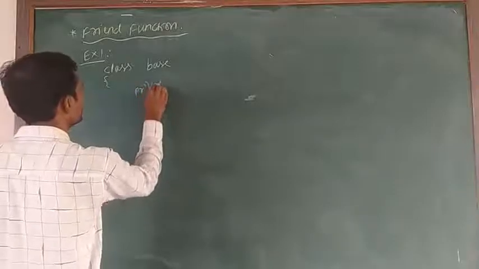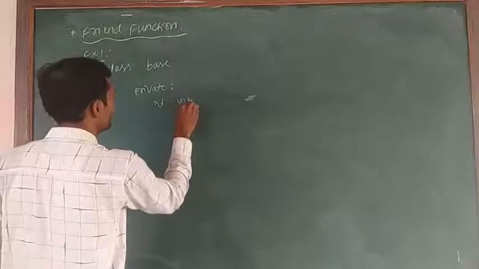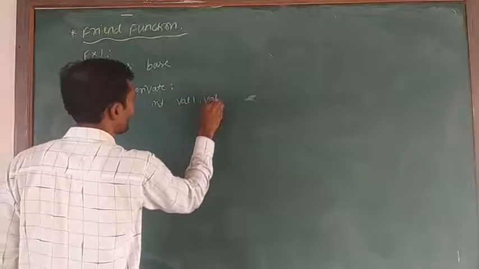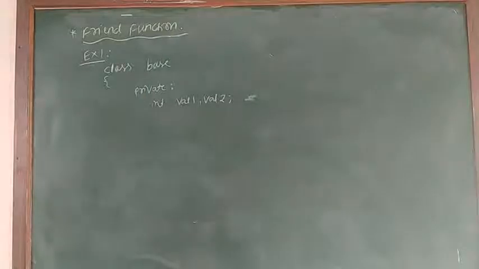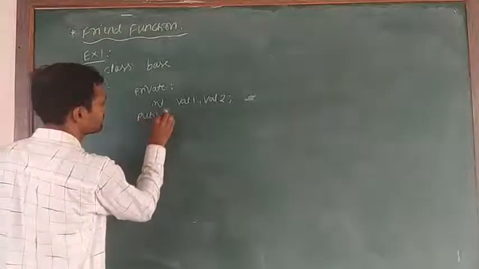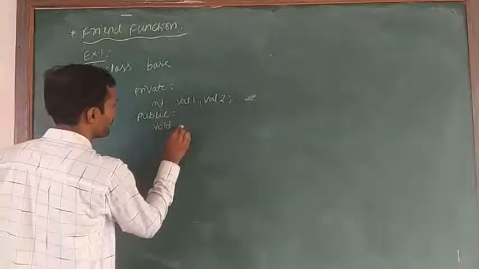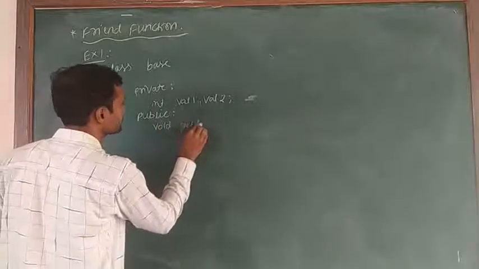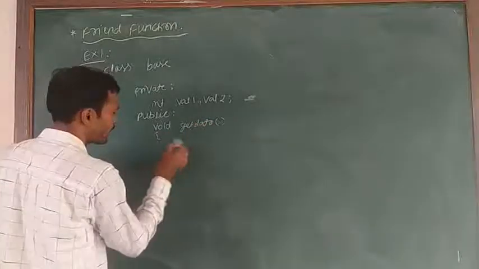Private: int value1, value2. I have taken 2 private data members, that is value1 and value2. Then public: void getdata. Open this, I'll write the code here only.